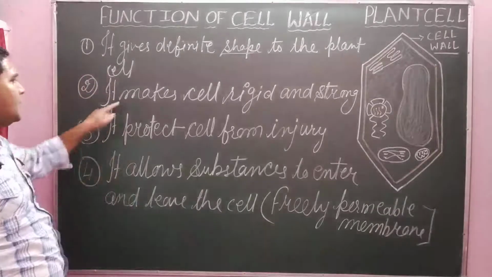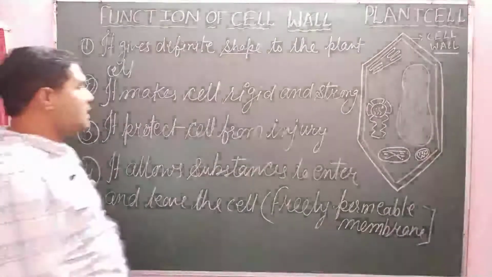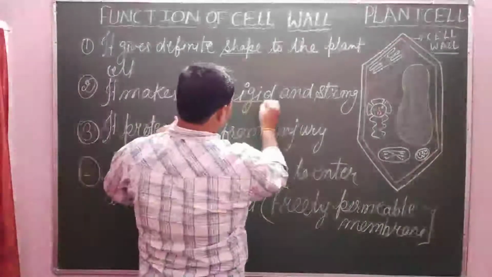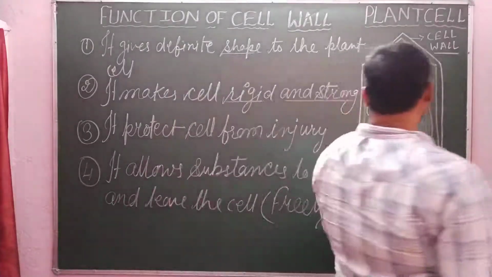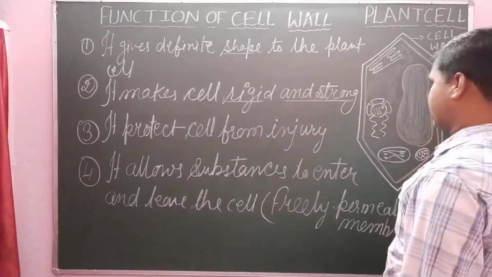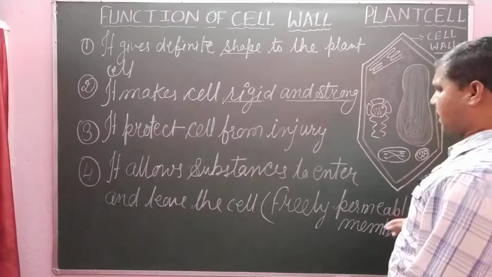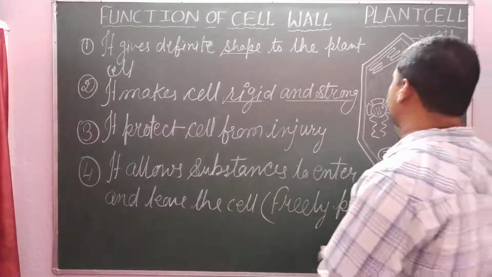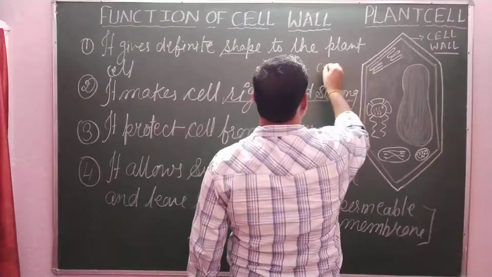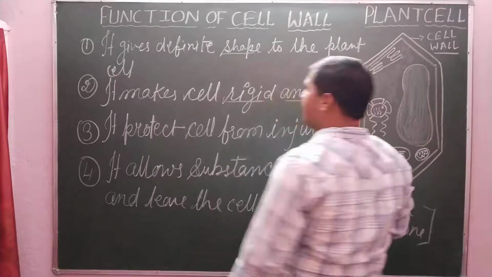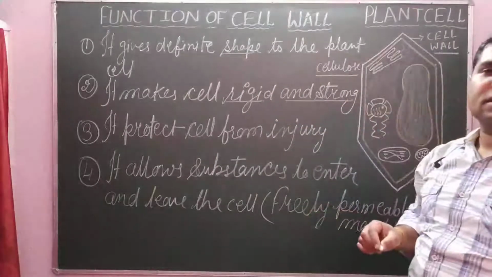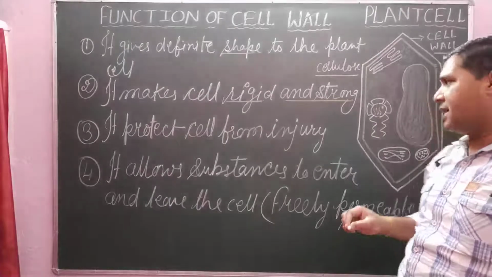Second, it makes the cell rigid and strong. The composition of the cell wall is cellulose. Cellulose is a complex form of carbohydrate.